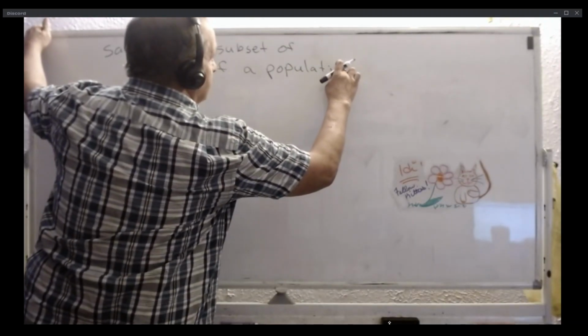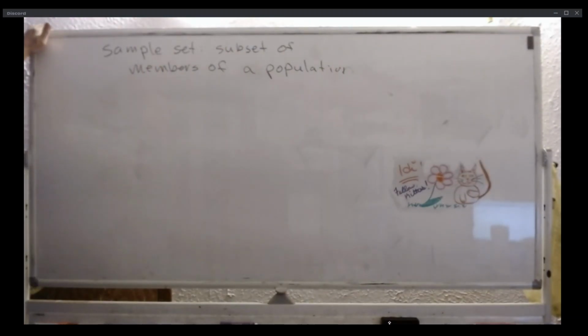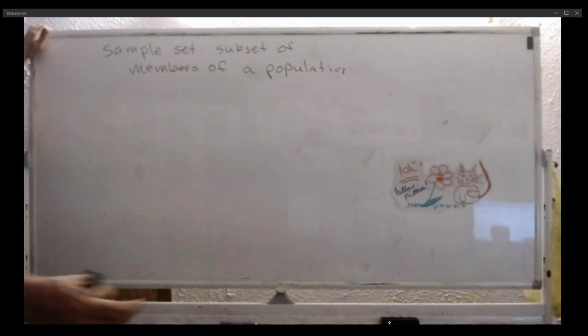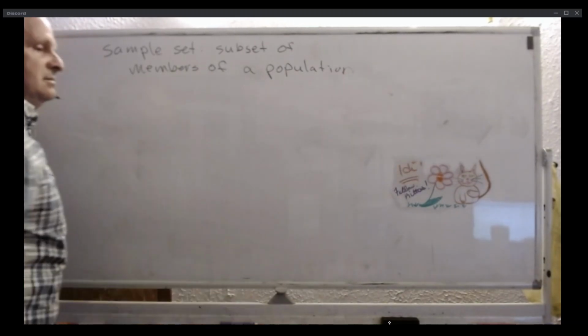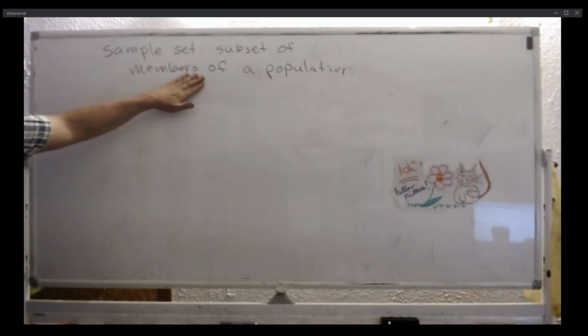I hope it's obvious to you that obtaining values in a census is more accurate because you're getting data from everybody than data obtained using a subset. I hope that's obvious.